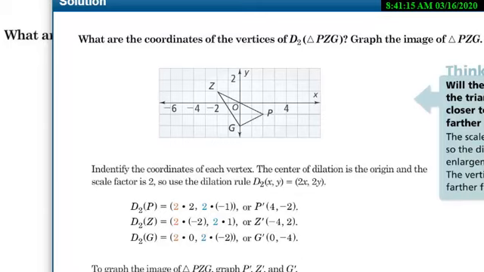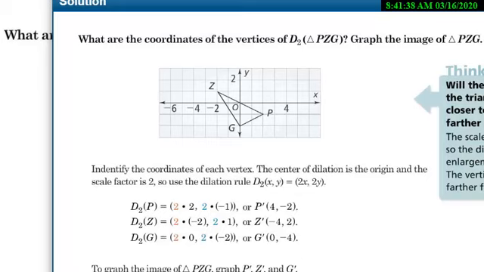You guys have to do this as homework, which is graphing the new triangle B prime, Z prime, G prime, with vertices 4, -2 for B prime, -4 and 2 for Z prime, and 0 and -4 for G prime, and this will complete the answer to this question.